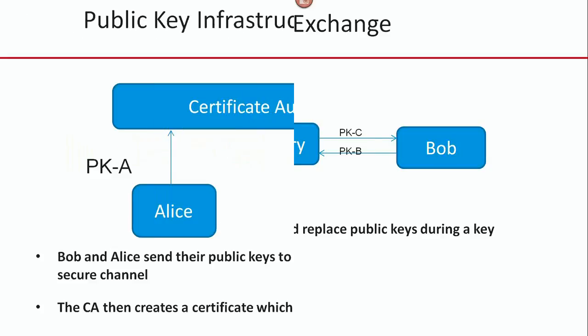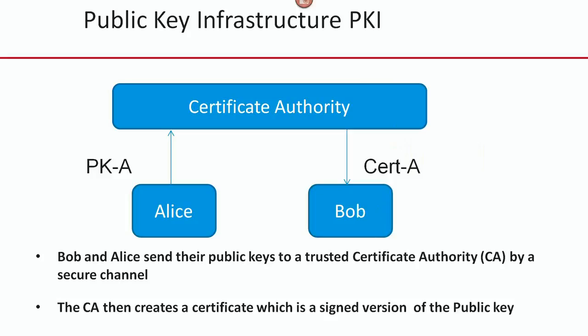So if we're using this in a public environment, there's a technique called public key infrastructure, where we have a trusted certification authority who we can give our public key to.